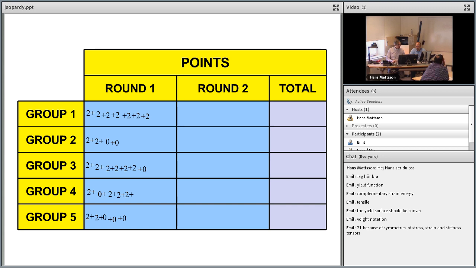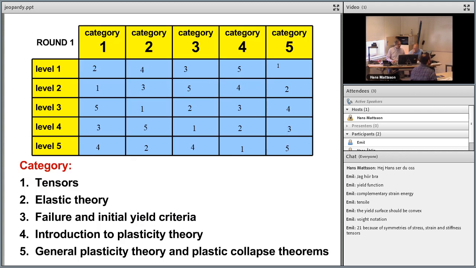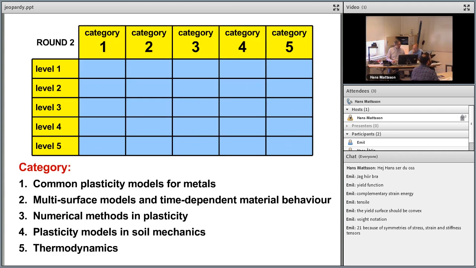I have to check here which group has fewer points. Okay, 2 and 5 are on the same level, so we take 2. So we go to round 2 here.